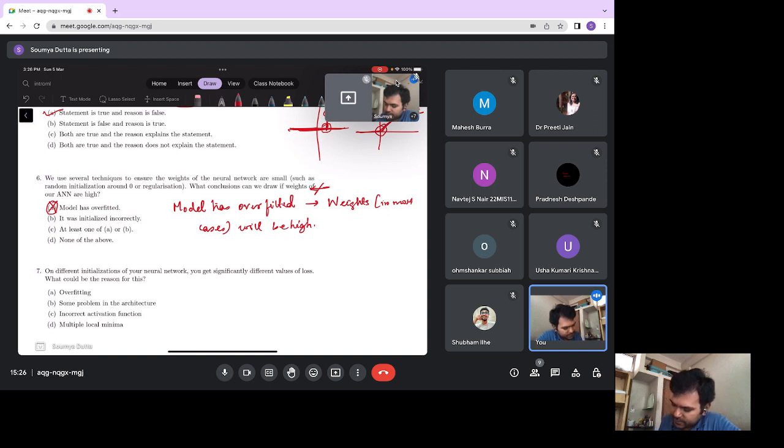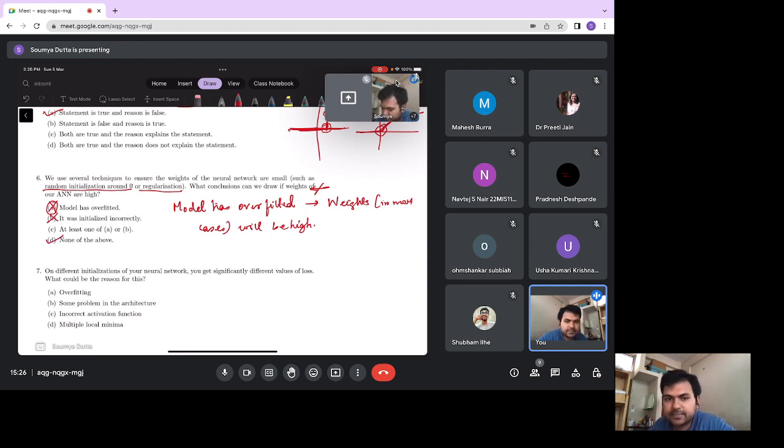So generally it has been said here that random initialization around 0 or regularization. So it means that your weights have been started with a random initialization around 0, and therefore that is a correct initialization, and therefore it is not the correct option. At least one of A or B is also not correct, and therefore none of the above is the answer.